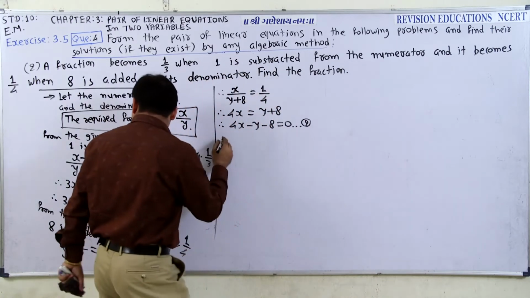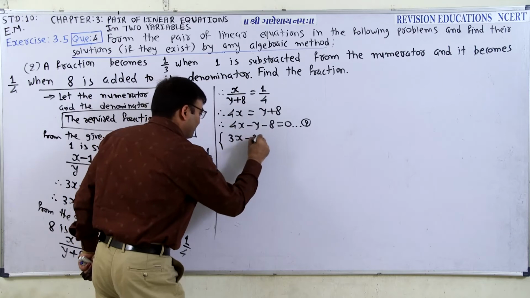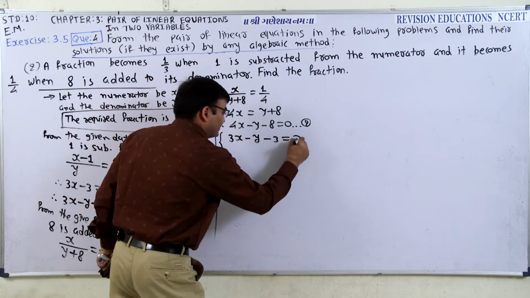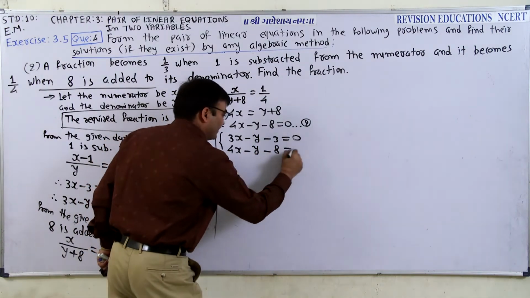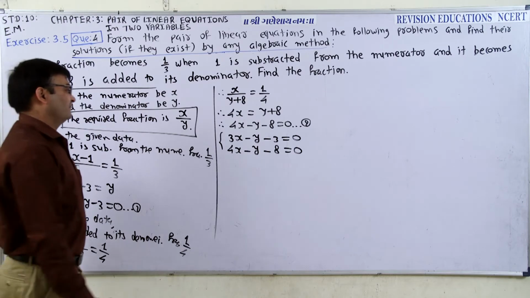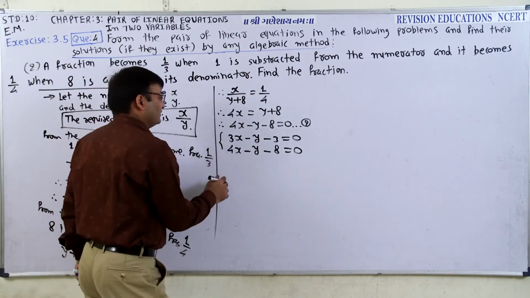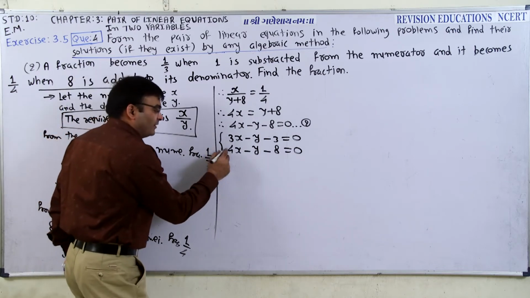Here we write the two equations together first. 3x minus y minus 3 is equal to 0. 4x minus y minus 8 is equal to 0. Now friends, here we write the standard form.